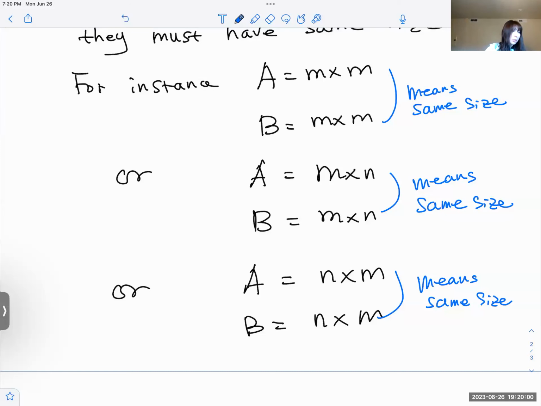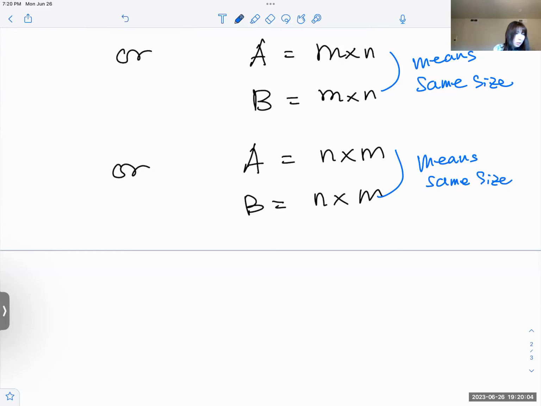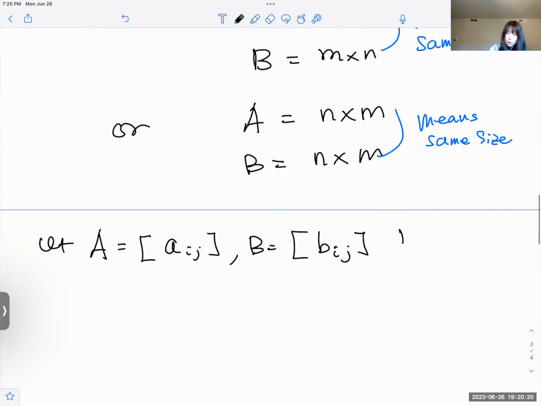So the definition: let A equal Aij entries and B equal Bij entries, both m by n matrices.